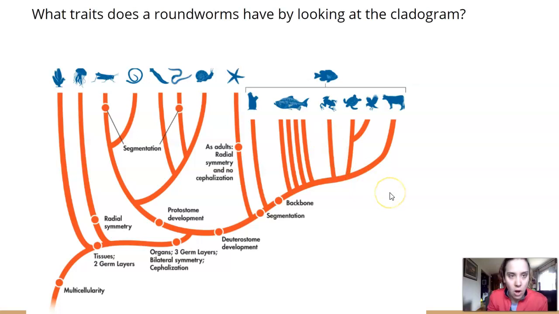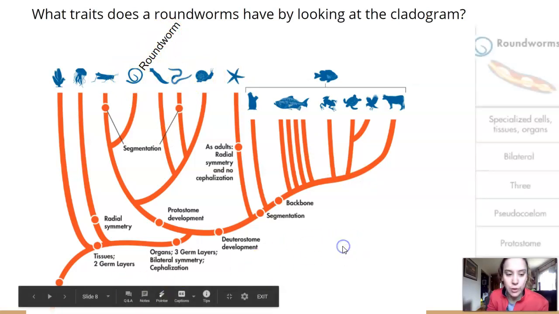Okay, so this is going to be your first question in your quiz. What trait does a roundworm have, by looking at the cladogram? So we're going to find a roundworm. Here's a roundworm right here.